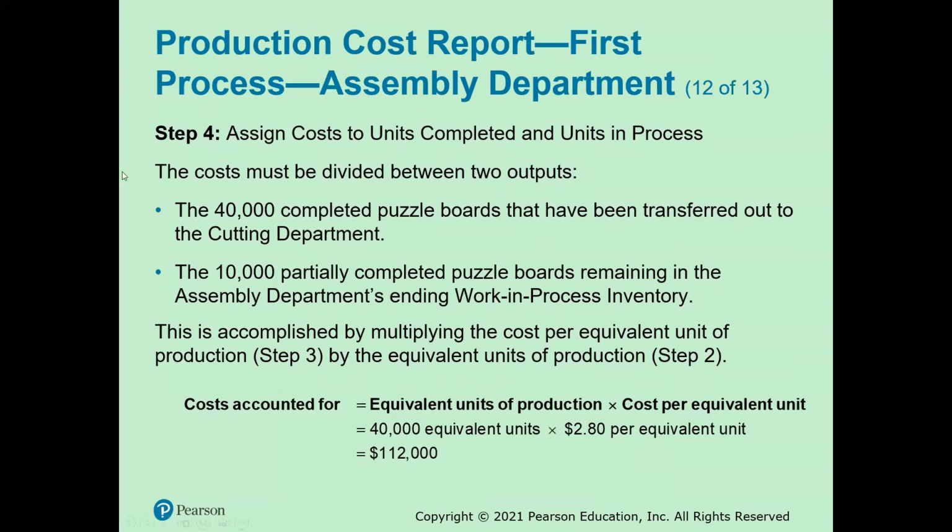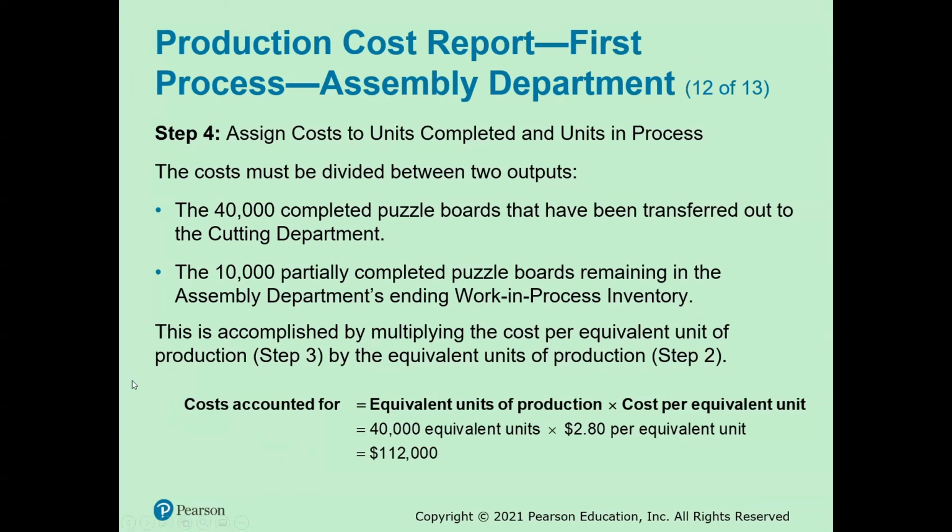Here is step 4. You're assigning the cost to units completed and units in process. Again, the cost must be divided between the two outputs. 40,000 completed puzzle boards that have been transferred out to the cutting department. Then you have the 10,000 partially completed puzzle boards remaining in the assembly department, ending work in process inventory.